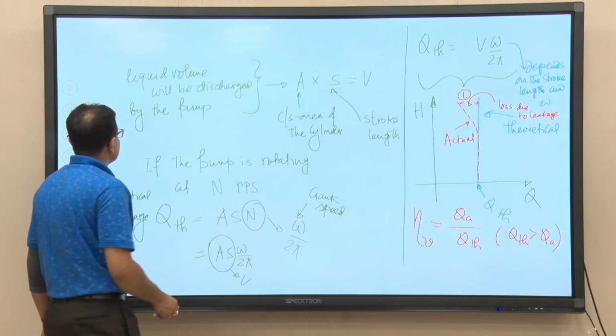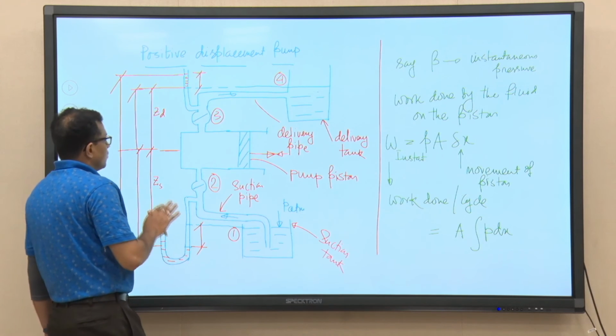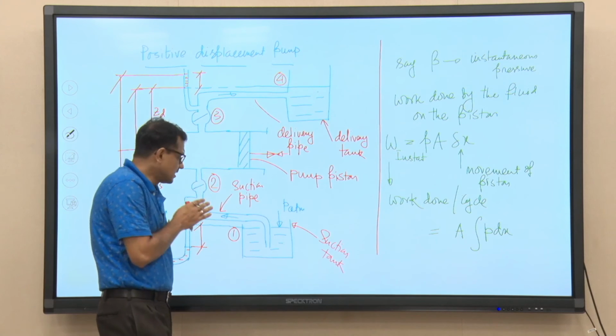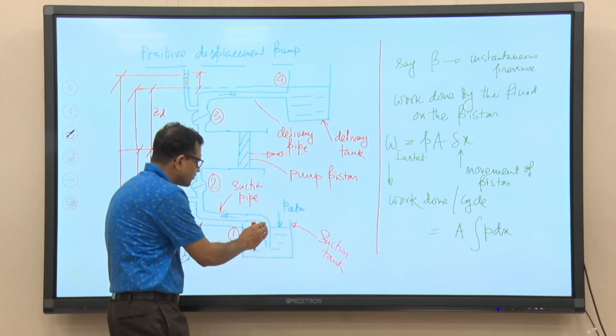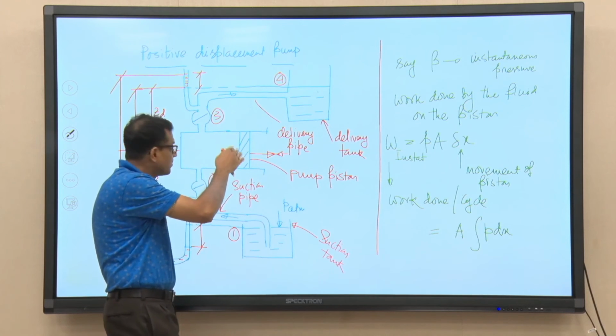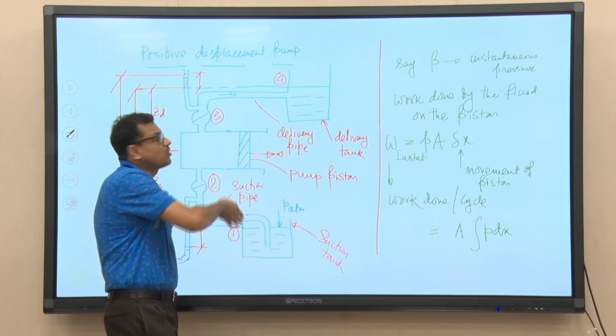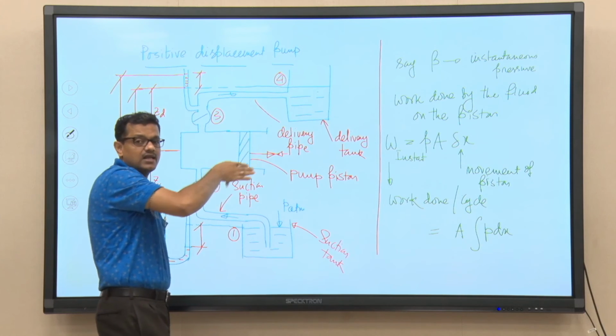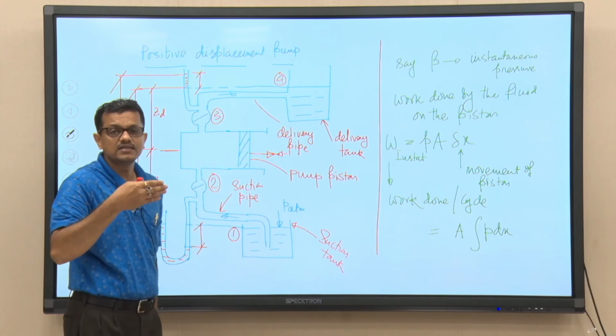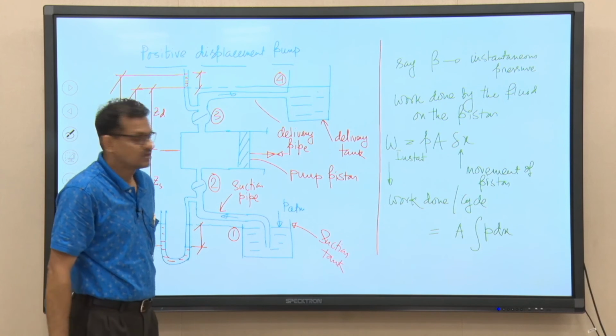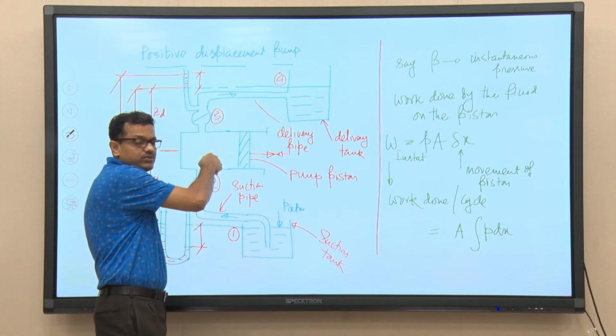Now, you can see what is happening. Think again that liquid is getting displaced from point 1 to point 4 by using this pump. The liquid cannot go automatically to point 4 until and unless we provide some input energy to the liquid, and that is what is done by this pump.